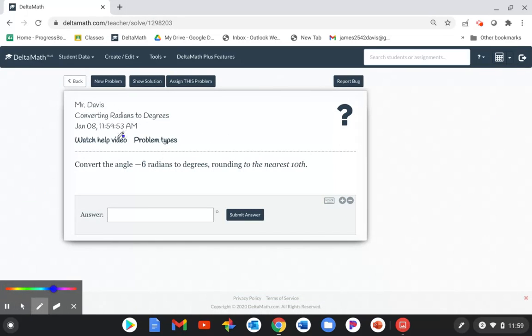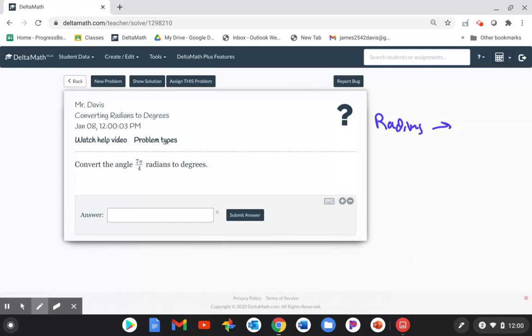This one's negative, so let's start with a positive one first. Radians to degrees. This is almost the same, just the opposite. I would write this down as well. First thing we're going to do is multiply by the same fraction flipped, 180 over pi.